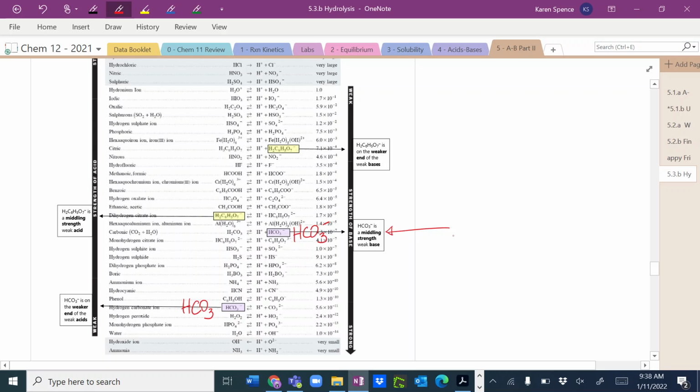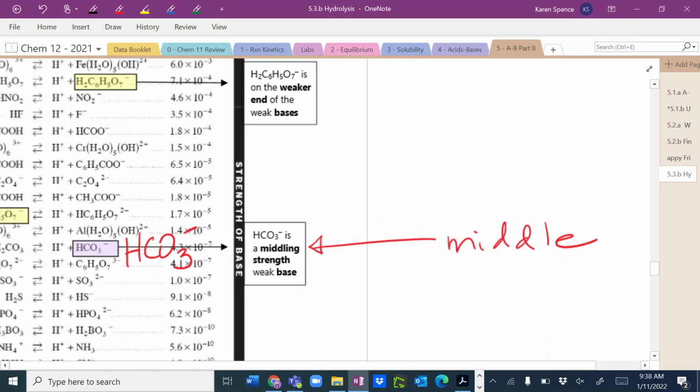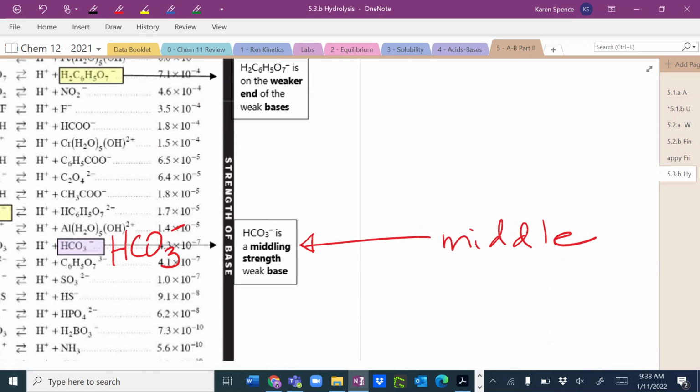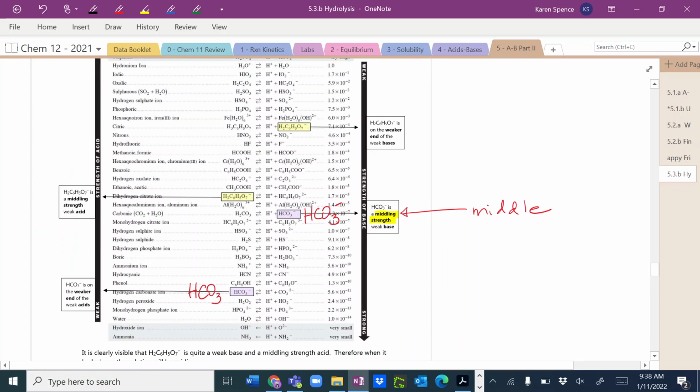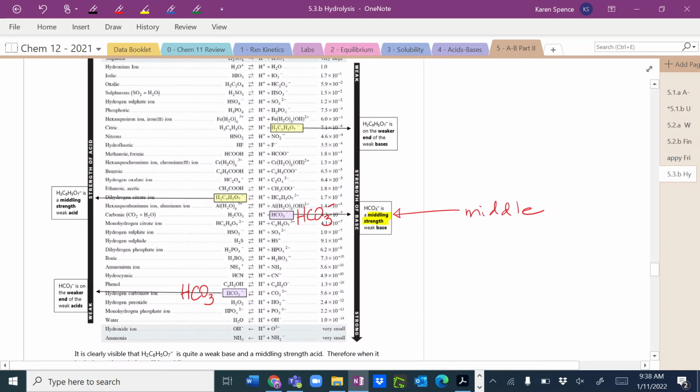Okay, so you can see from where they are, this HCO3 is kind of in the middle-ish of the table. So it is a middling strength as a base. HCO3 on the acid side of the table, on the left-hand side of the table, is way down at the bottom. I mean, it's almost touching the word weak.